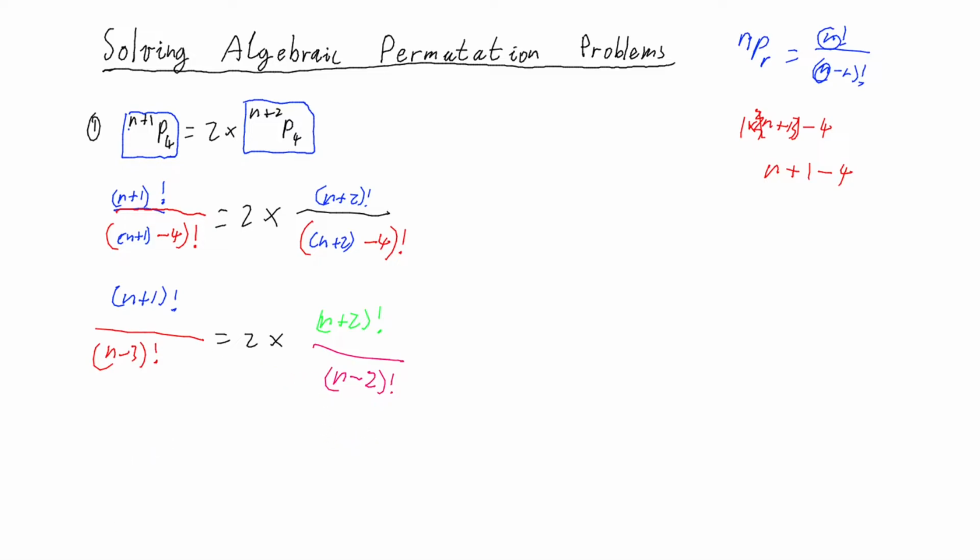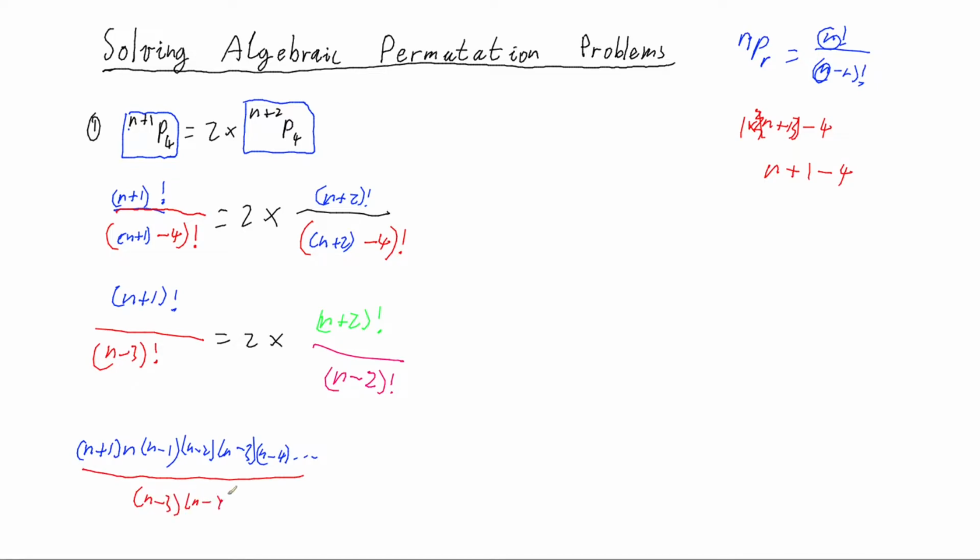Let's keep working this out and expand these factorials. On top of my left, I've got n plus 1, and the next number down is n, and then n minus 1, then n minus 2, then n minus 3, and then n minus 4. And that just keeps going until we reach 1, which we don't really know where it is. On the bottom, we've got n minus 3 times n minus 4, and again, that's just going to keep going.